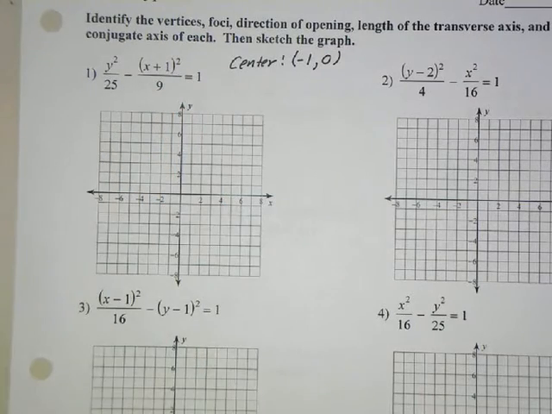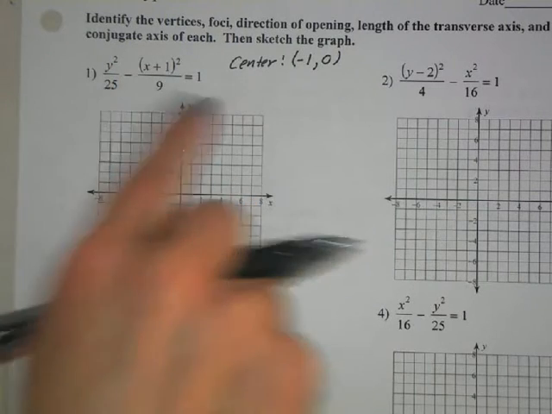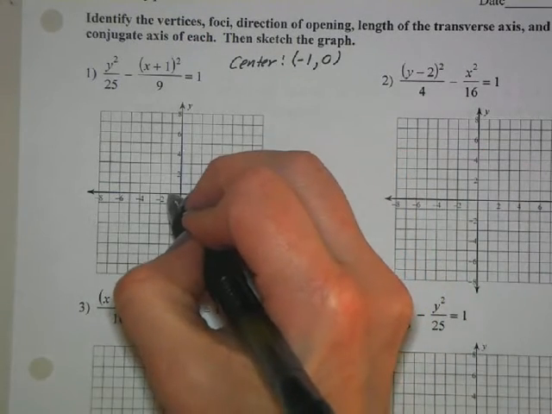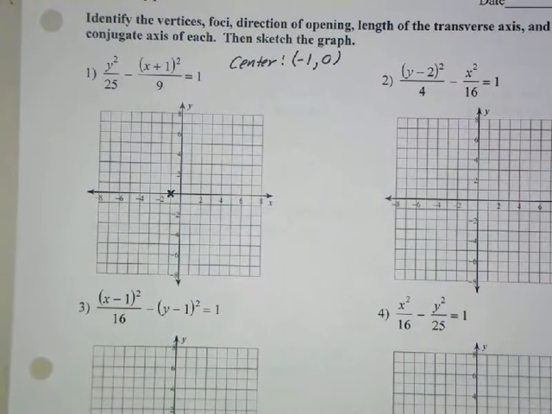Big mistake a lot of people make is they're used to having x, y, and they write it backwards. So 1 and 0? Yeah, so it's the -1 since you have to switch that. So -1, 0 is the center. So let's put an x on -1, 0, and that's our center. So everything we do will radiate from there.